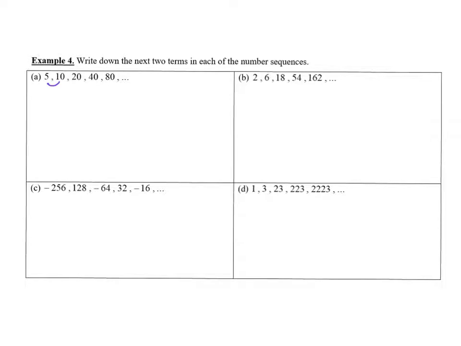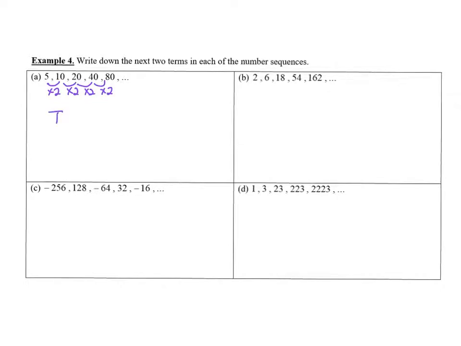Then how do we get 20 from 10? And then 40 from 20, 80 from 40. It looks more like the sequence is to multiply by 2 throughout to every single term.